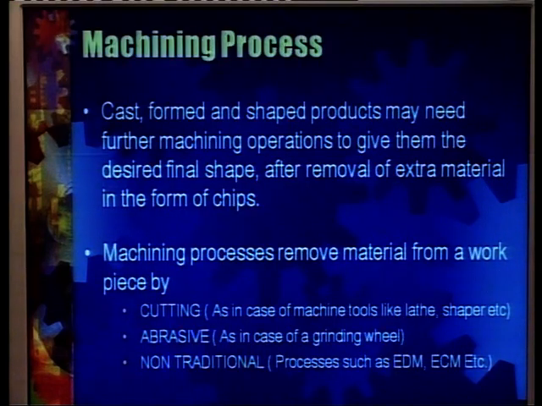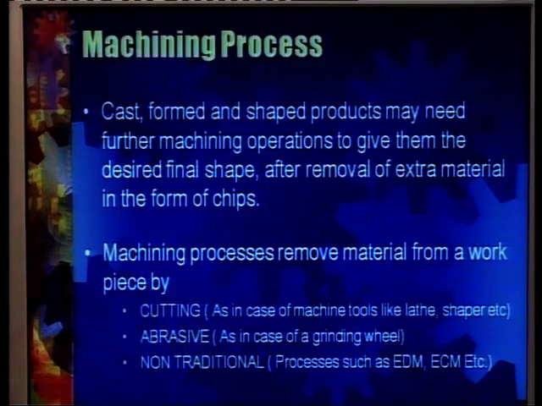There are some other types of manufacturing processes which come in the category of special manufacturing processes, whereby the material is neither removed in the form of chips nor in the form of abrasive material, but using some non-traditional methods.